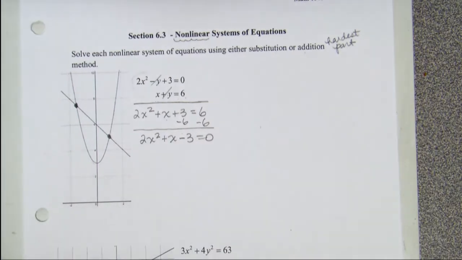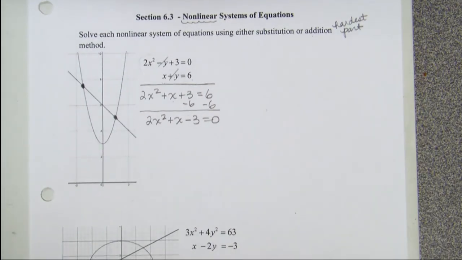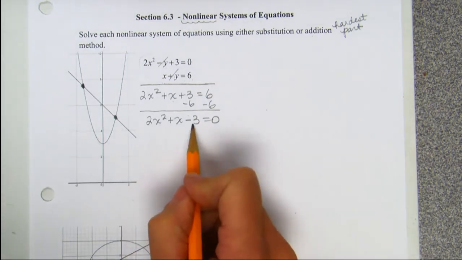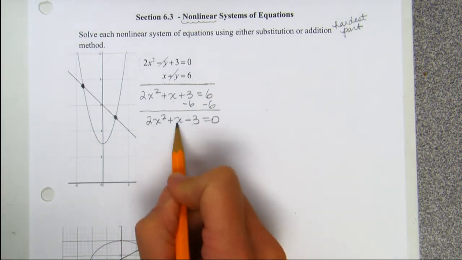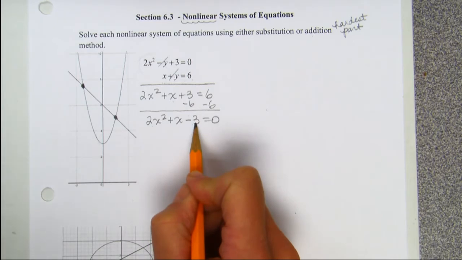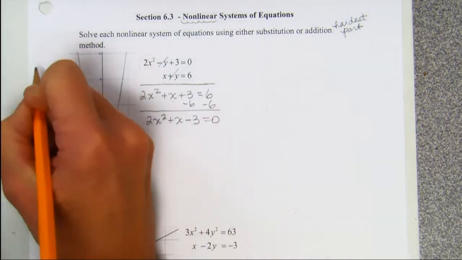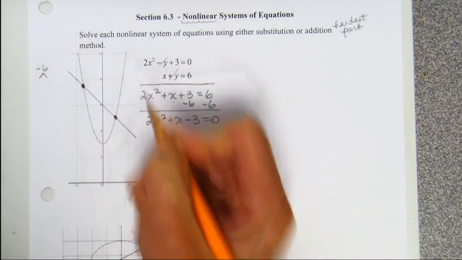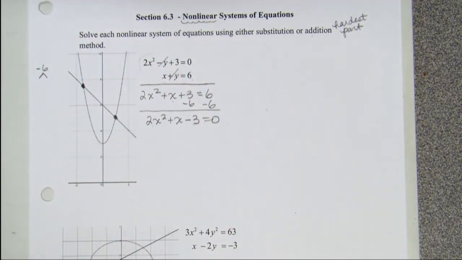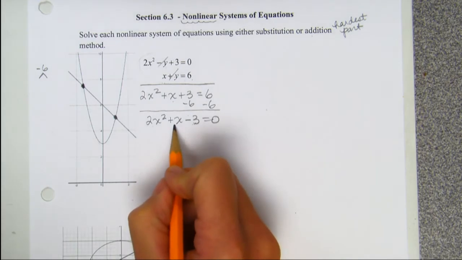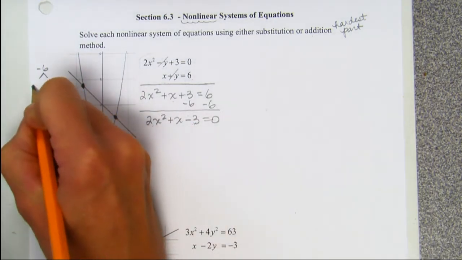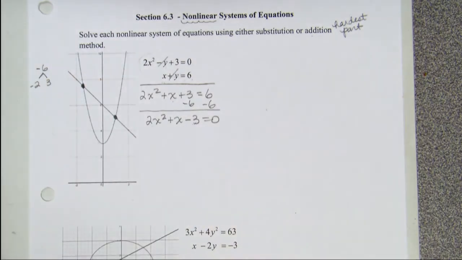So subtract 6 from the top. We go to factor it, or we go to see if it factors. Is there a GCF? No. Bummer. We're going to have to split the middle. 2 times negative 3 is a negative 6. Are there factors of negative 6 that will give me a positive 1? How about negative 2 and positive 3?